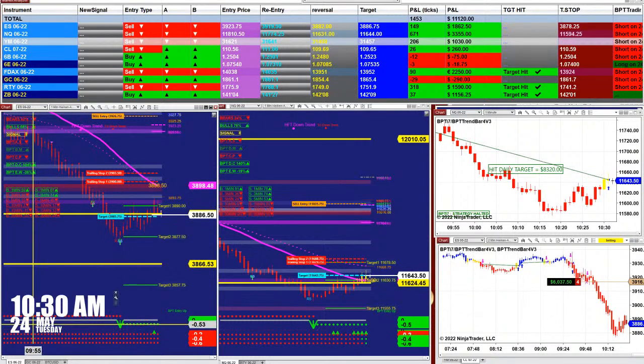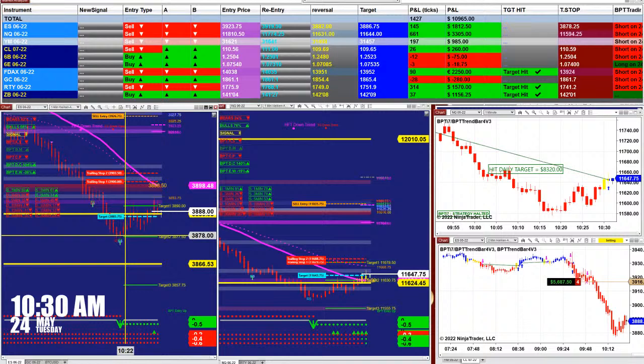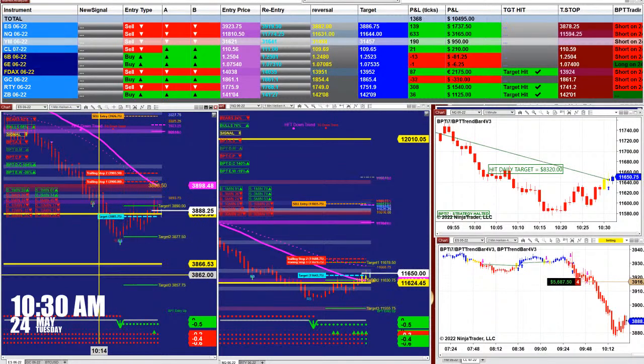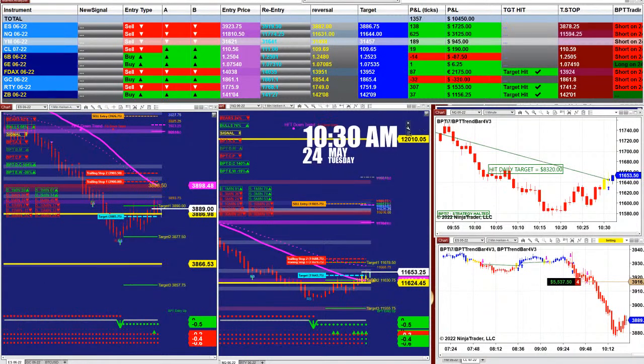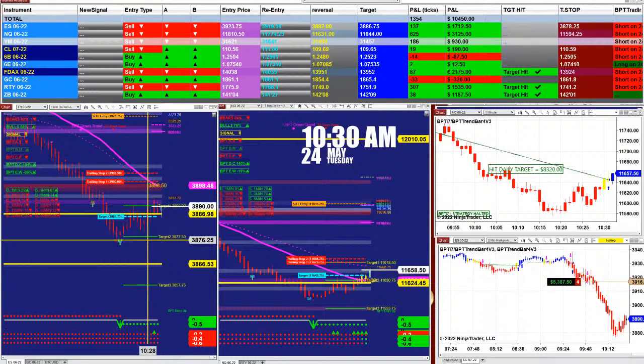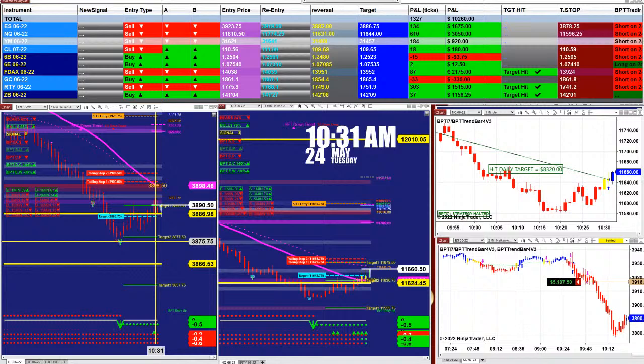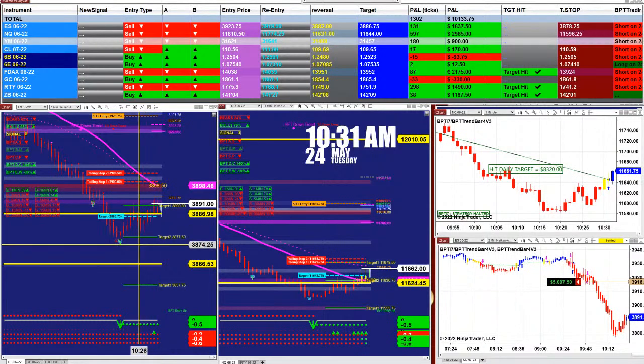Why? Because that's what we said. The target 1, and once we hit the target 2, and if we look at the time, it's 10:30. Usually the market goes back and forth between the target 1 and target 2.